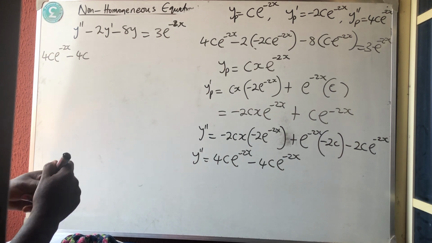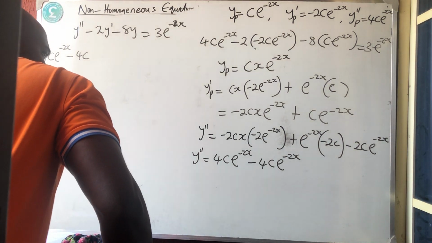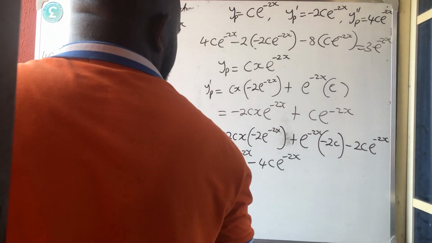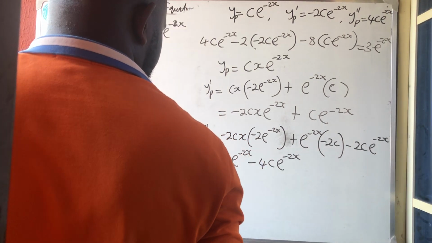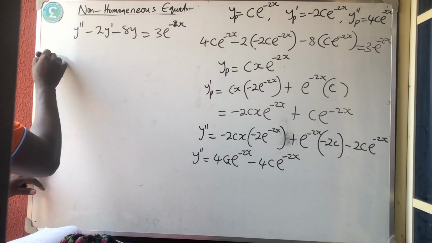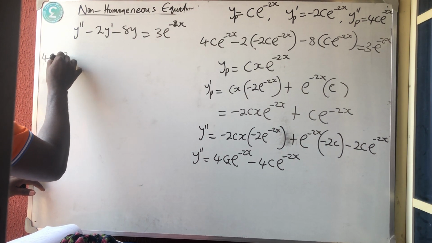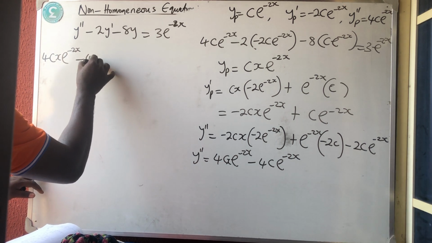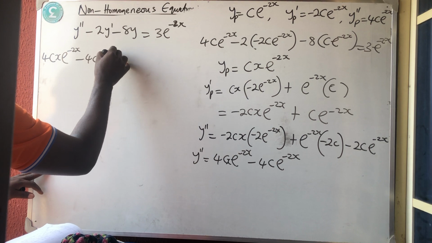How did we get that? This, okay, 4cx. There's x here. Yes, 4cx, please. So 4cx e raised to power minus 2x. Okay, minus 4c e raised to power minus 2x.